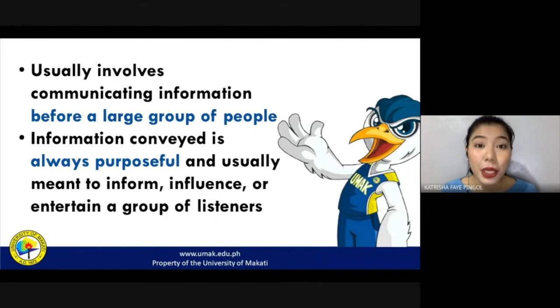So, the purpose or the intention is very clear from the onset of the public speaking act. Okay, so you already know what is it that you are supposed to do, what is the objective, what is the aim, what is the goal, even before you set foot in front of the audience. So the aim is very, very clear.